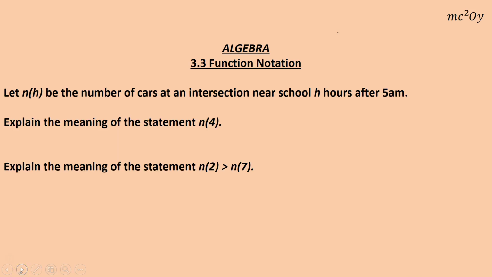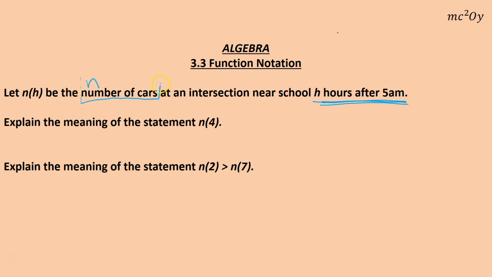All right. Well, we now have kind of a story problem here. Let n of h be the number of cars at an intersection near a school h hours after 5 a.m. Explain the meaning of N of 4. So h represents hours after 5 a.m. N represents number of cars.